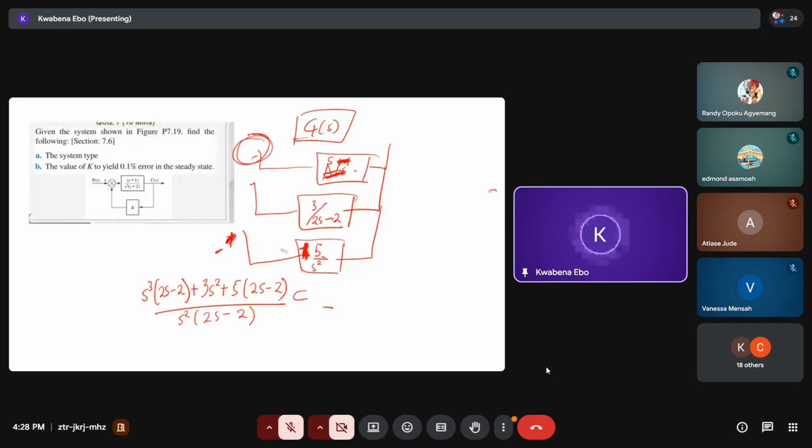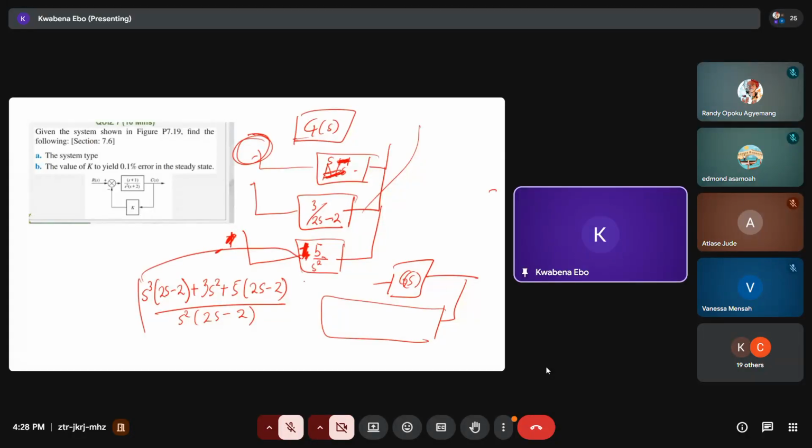So now our whole work will look like this. Instead of what we have here, it will now become G of s in a feedback with this whole thing. This whole thing will now be your H in the G of s over 1 plus G of s H of s formula here.